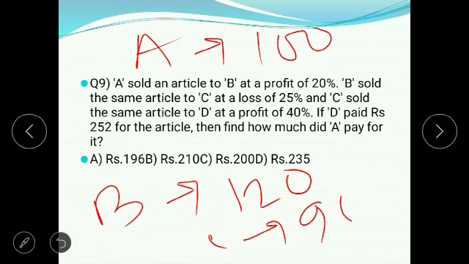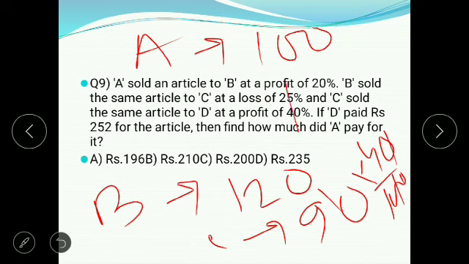Now C sold this article to D at a profit of 40%. 40% means 90 into 40%, that is 36. So 36 plus 90 means 126. This is the price at which D got it.